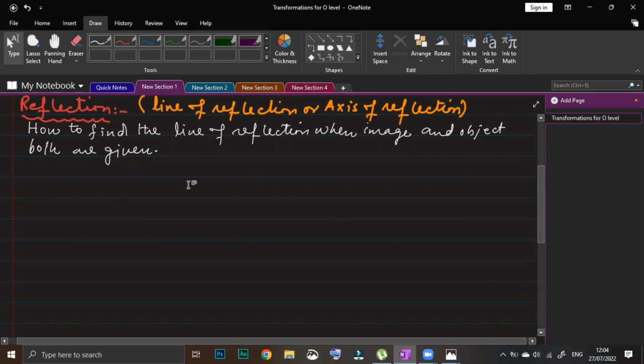The question is, triangle ABC is mapped onto triangle DEF under a reflection.